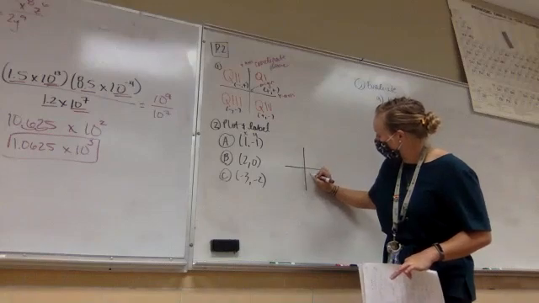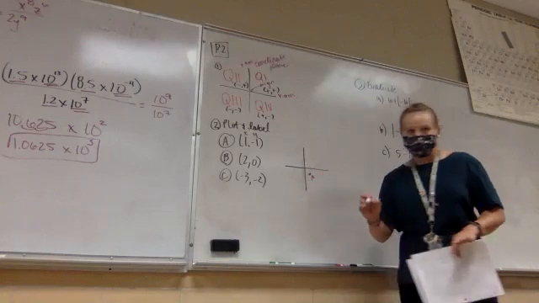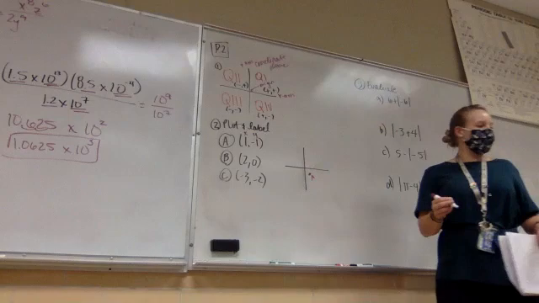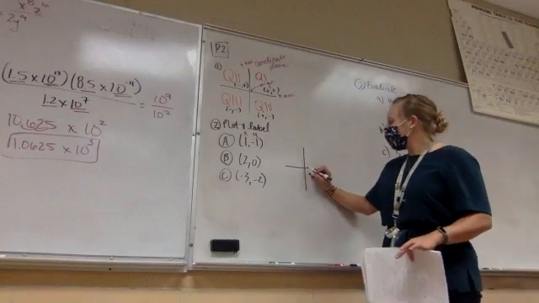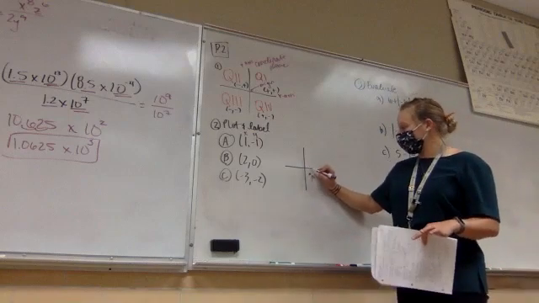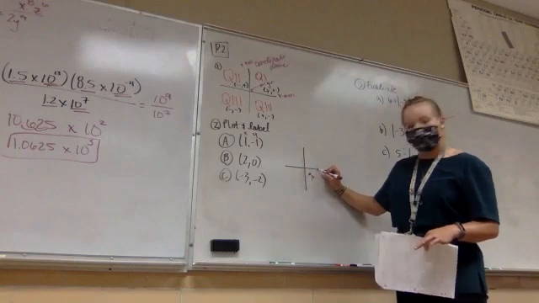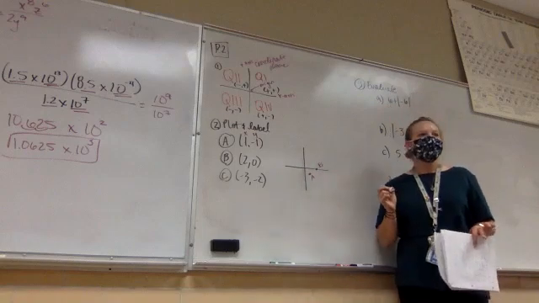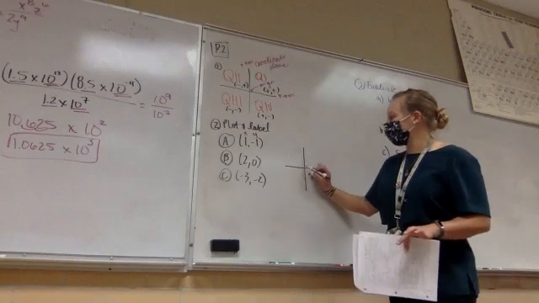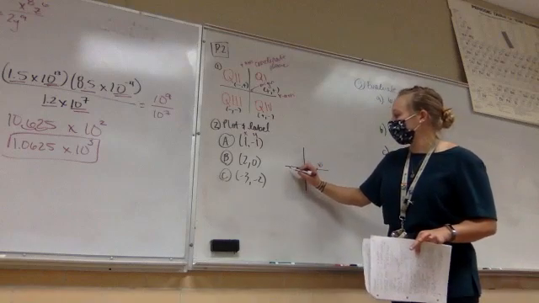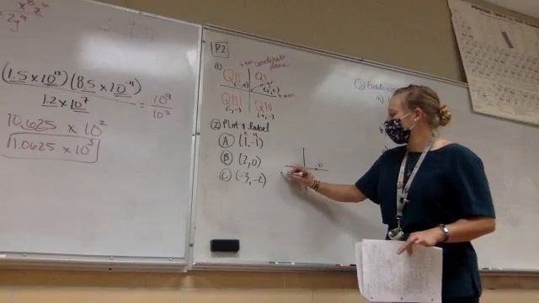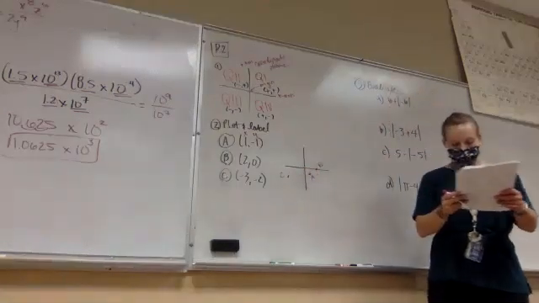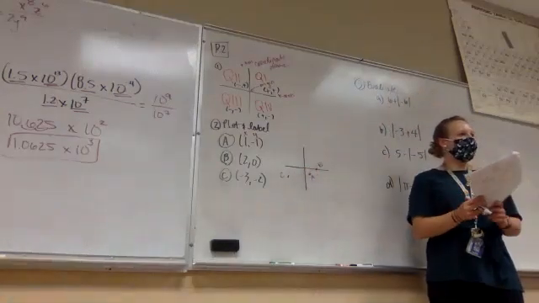That will be A. Remember from Algebra 1? It's a nice little review. B is 2, 0, so I go over 2 on my x-axis, and I don't go up or down any. B is right there. And then C, I go left 3, 1, 2, 3, and I go down 2, 1, 2. Easy, right? Flip it over.